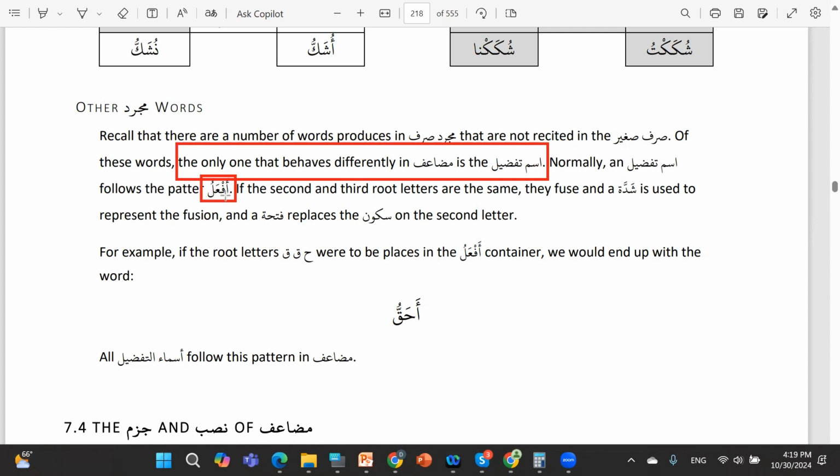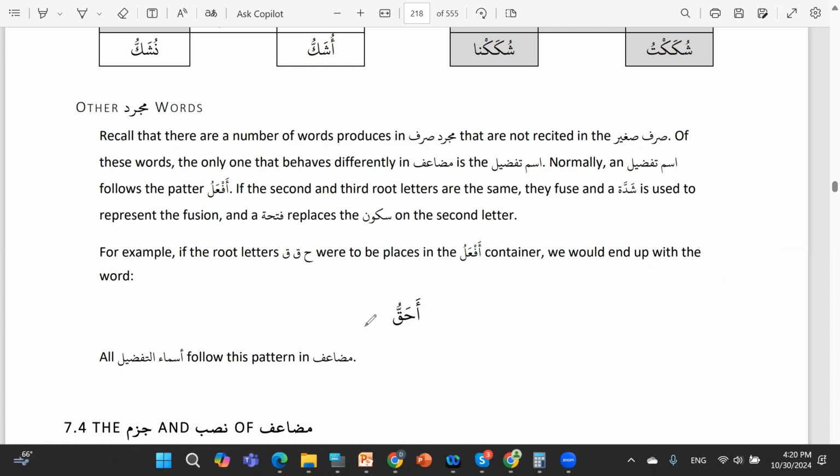Just like what happens in present tense, the harkat of the second root letter transfers to the first letter, and it becomes afallu, ahaqqu.